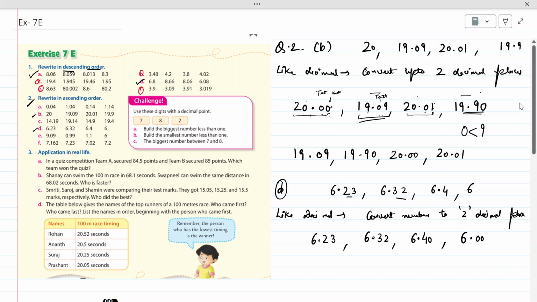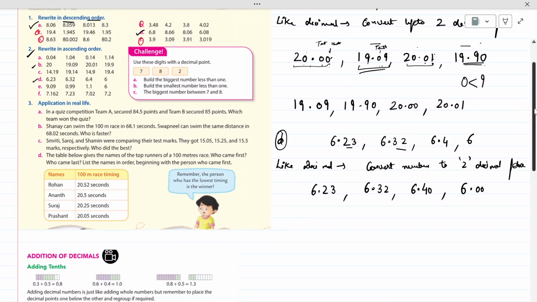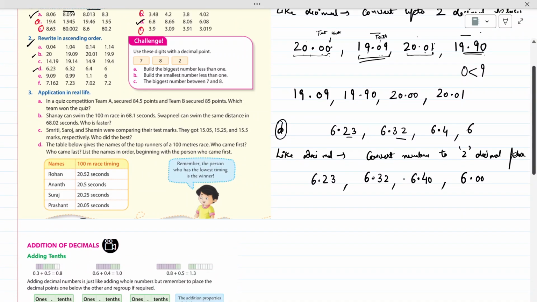Okay, so this is the set of like decimals we have, and now we have to find out the smallest number among these. So when we see the whole number is same, the number at the ones place is 6 in all of these. So we have to compare the 10th place. Here we have 2, here we have 3, then we have 4, and here we have 0.